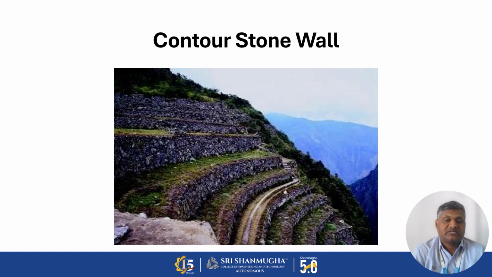Stone pitching is done in the vertical interval on the benches, so that it restricts the velocity of the flow. When the velocity of the flow of water increases, this stone pitching reduces the damage or detachment of the soil particles. So this is called a contour stone wall.